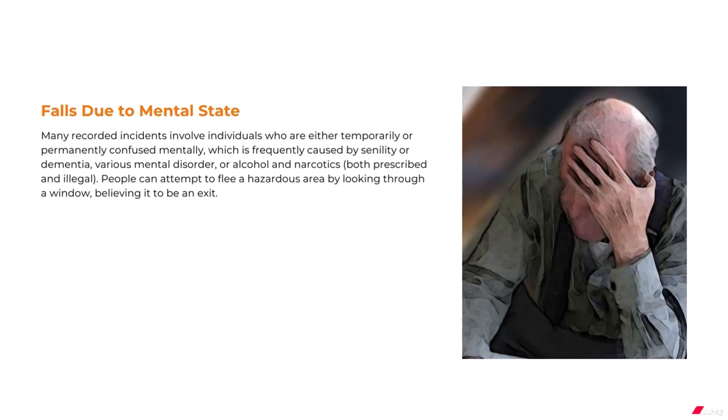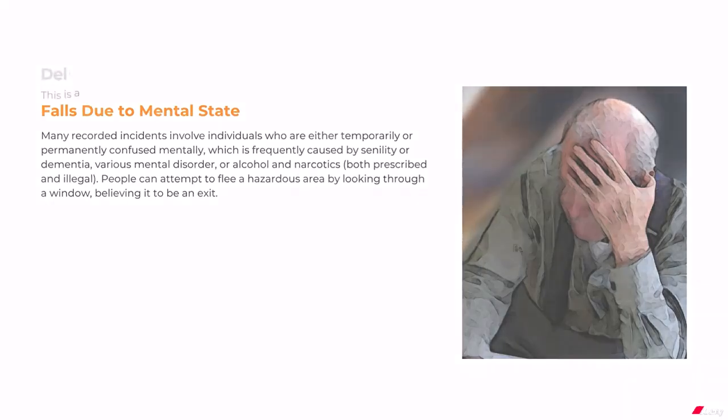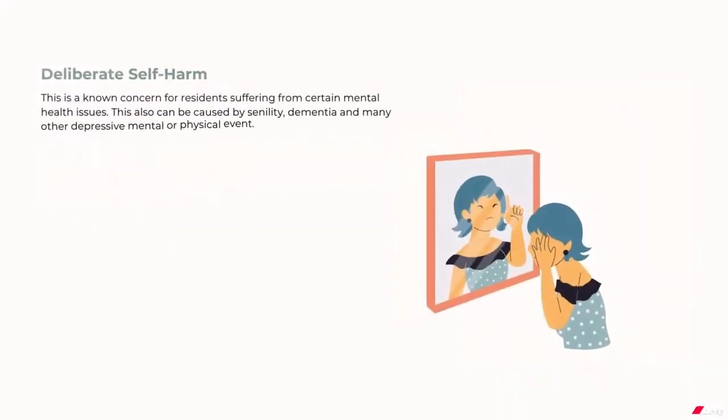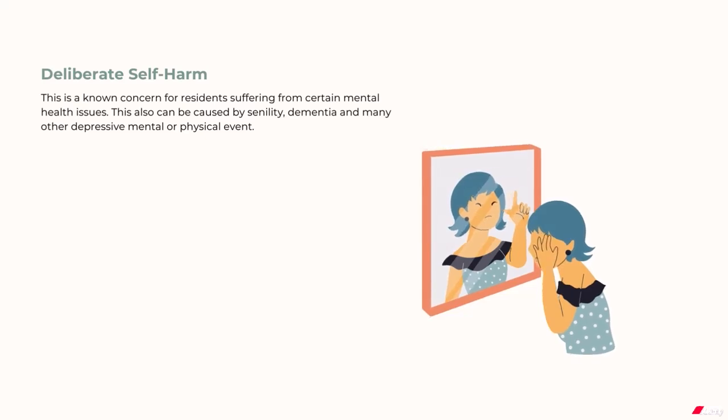People can attempt to flee a hazardous area by looking through a window, believing it to be an exit. Deliberate self-harm. This is a known concern for residents suffering from certain mental health issues. These also can be caused by senility, dementia, and many other depressive mental or physical events.